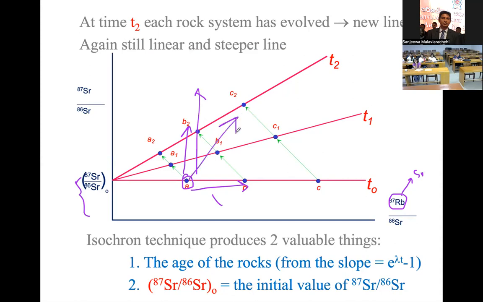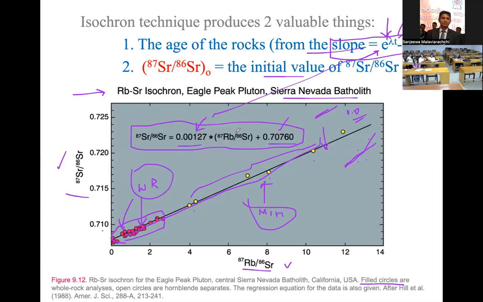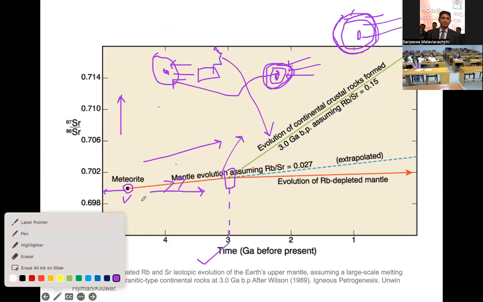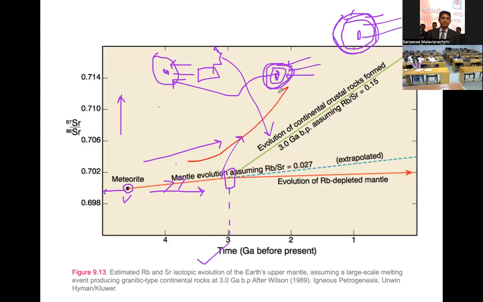Okay, it was increasing like that. So it naturally causes a deviation from the original mantle evolution line, so that we end up with a crustal evolution line like that, and the mantle evolution line going there.